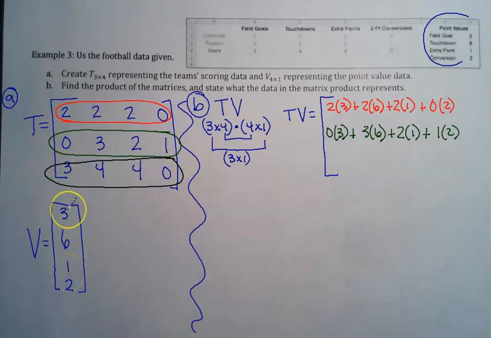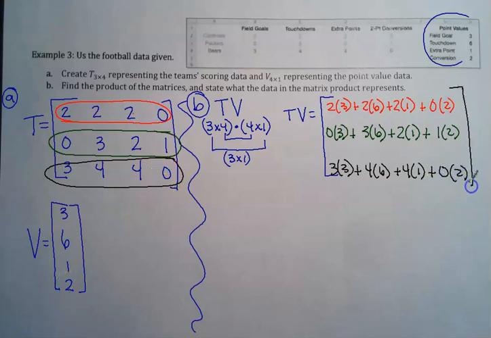So 3 times 3 plus 4 times 6 plus 4 times 1 plus 0 times 2. Again, you can check, all the numbers in the parentheses down are 3, 6, 1, 2. Those are the same numbers in the column, 3, 6, 1, 2. So recognizing these patterns helps you see what's going on.